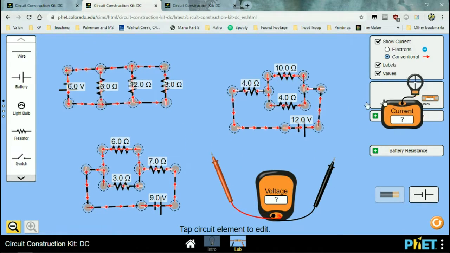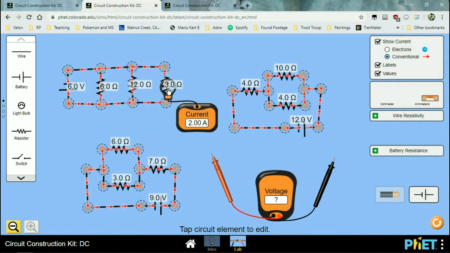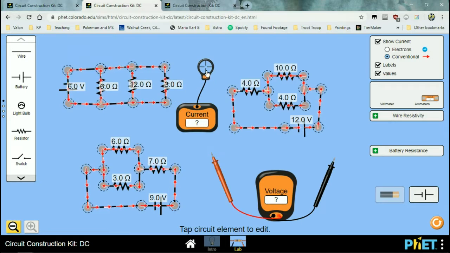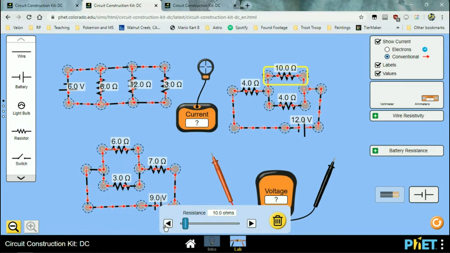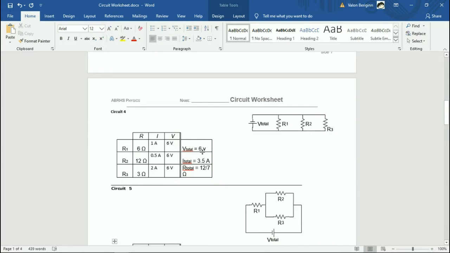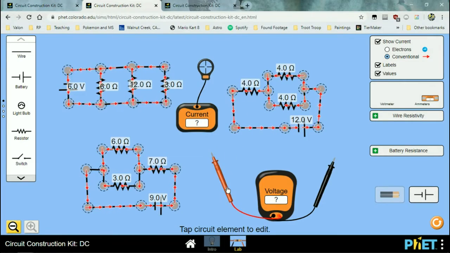And then here, you get 2.5 and 1. Yeah, that's what the answers were. Oh, I forgot to change this one. Whoops. Okay, so what were our voltage numbers? We had 8, 4, and 4. So this one should be 8.